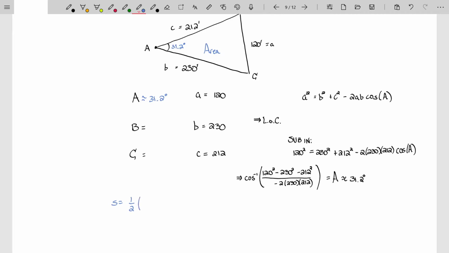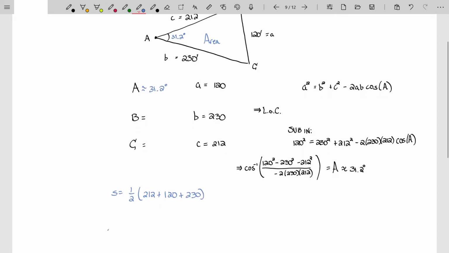So that would be S equals 1/2 times the quantity 212 plus 120 plus 230. And then the area of that triangle would be the square root of S times S minus 212 times S minus 120 times S minus 230.